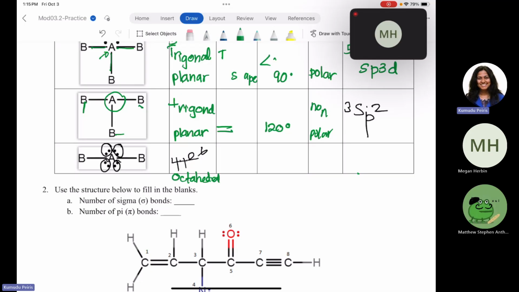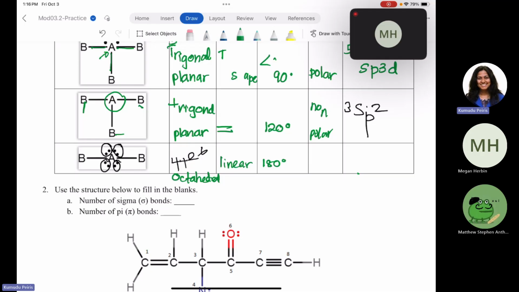You will see the way the lone pairs have been arranged around the central atom, their repulsive forces would be canceling out. Then the molecular shape will be linear. Linear, right? So the bond angle will be 180 degrees.